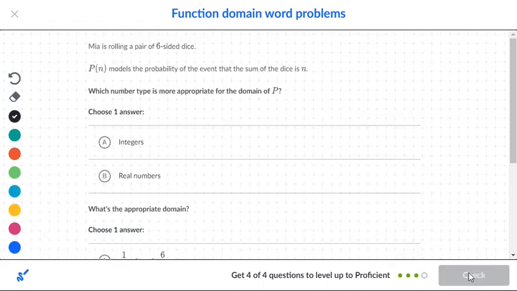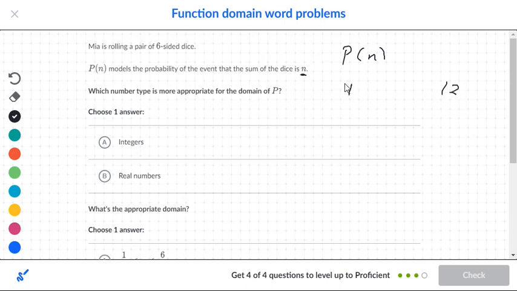Okay, Mia is rolling a pair of 6-sided dice. Now, pair means there are 2 of them. So there are 2 6-sided dice here. So we have the probability of n, and let's say the event is that the sum of the dice is n. So we want to add up what we got on the dice. If you roll the dice, you're talking about numbers that should be 1 to 12, or not 1 to 12.